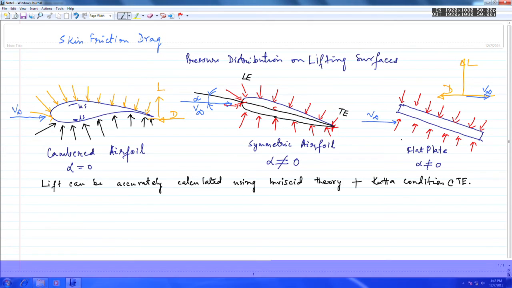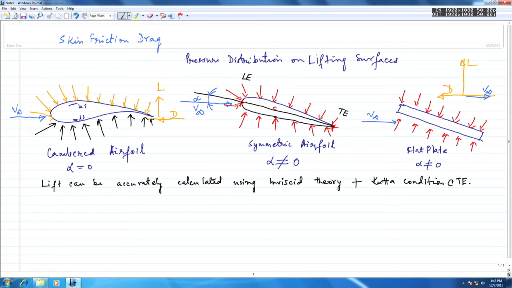Otherwise, there is a possibility that you would have a different value of the circulation on the top and bottom surfaces. You wouldn't want that. So I am going to leave it at that. Therefore, lift can be accurately calculated.